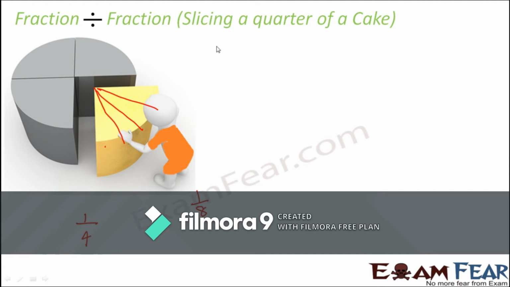In order to get that, each slice is 1/8 multiplied by the number of slices into which you need to cut. So let us assume that you cut this part of the cake into X number of slices. You do not know what that X is. So in that case, 1/8 into X should be equal to 1/4.